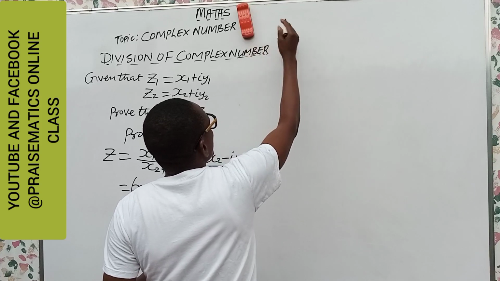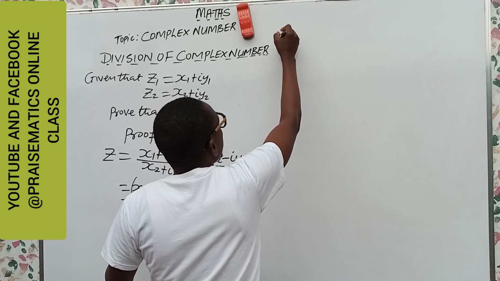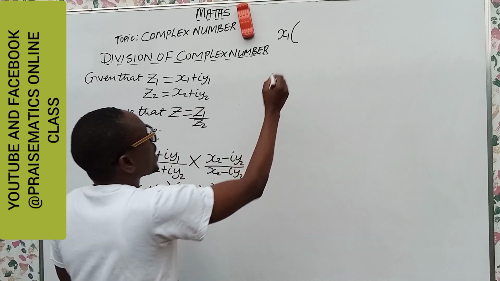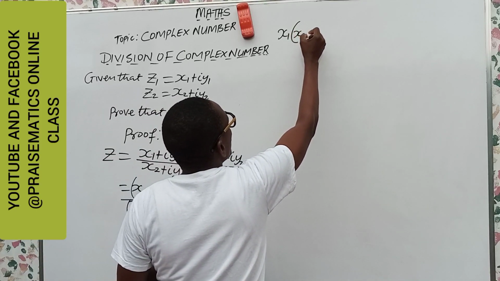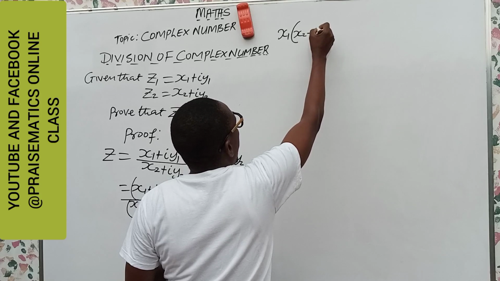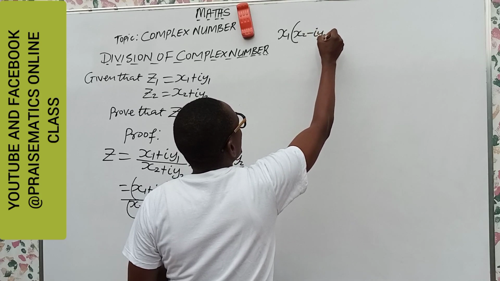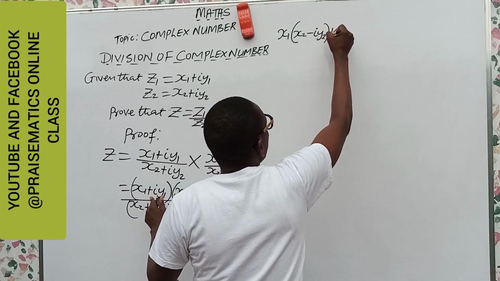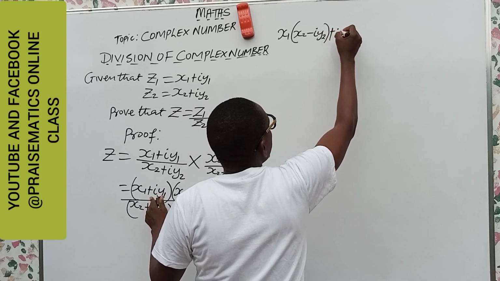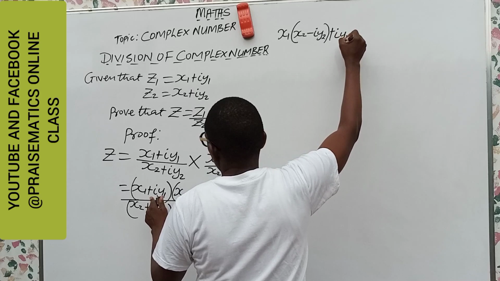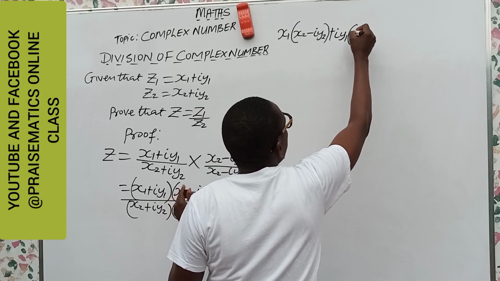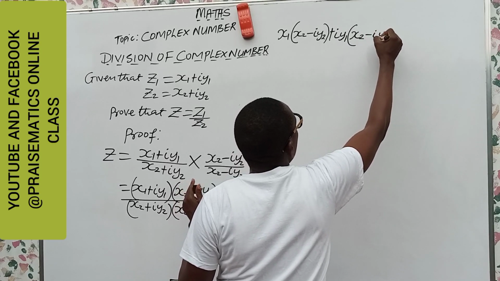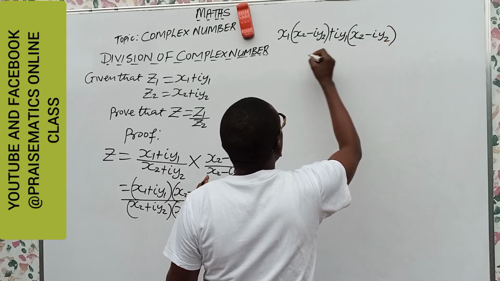We start with x1 into everything that is here: x2 minus iy2. Close it. Plus iy1 into everything: x2 minus iy2. Close it.